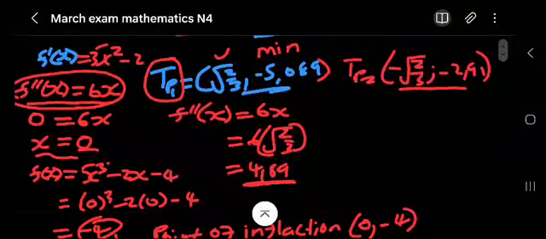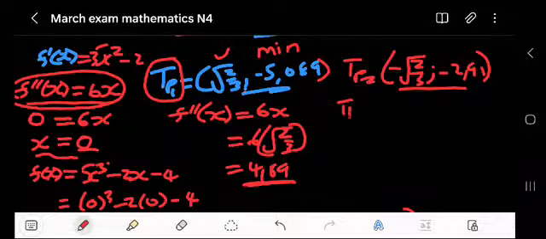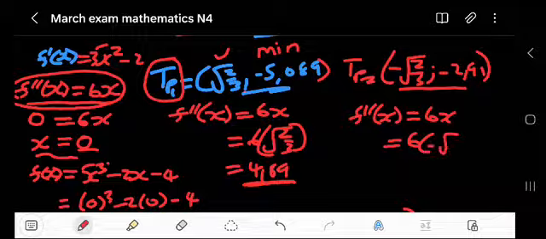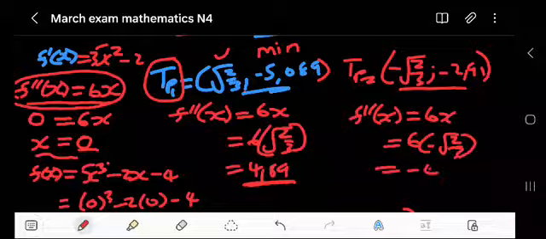For turning point 2, obviously we will use the second derivative, 6x, to evaluate it. Let us substitute negative square root of 2 over 3. This will give us minus 4,89.